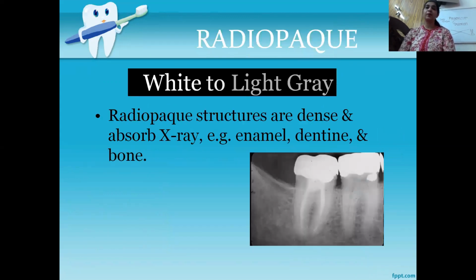Whereas radiopaque structures have high density, like enamel, dentine and bone. They absorb the X-rays and become more dense.